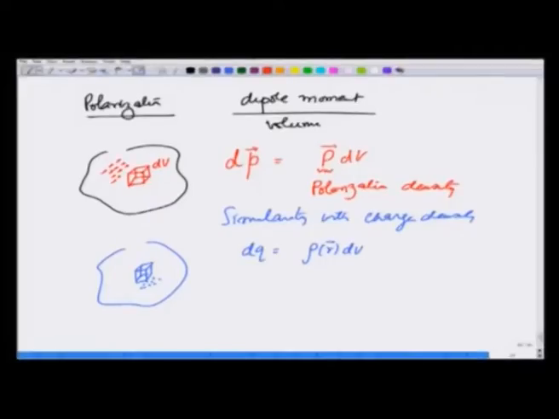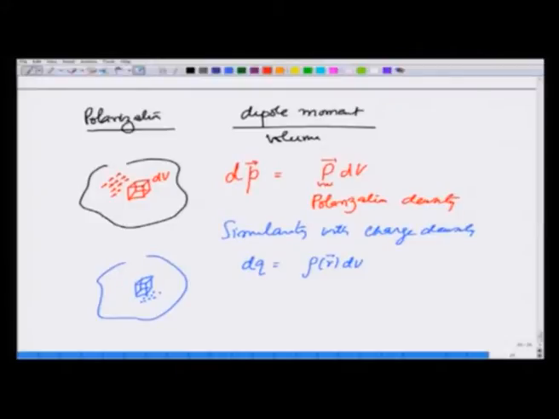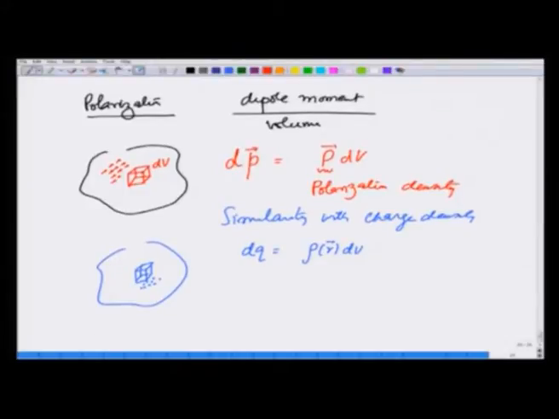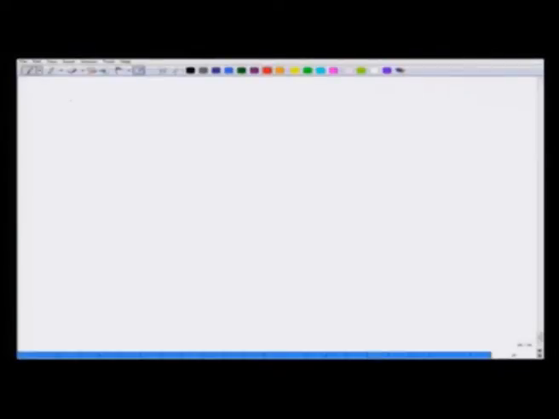However, if I go to microscopic scale, for example, in charge density, I see electrons, protons separately, then they are not continuous. But for the time being, like we treat charge density, we will consider polarization density to be a continuous distribution. Now, we want to understand how this gives rise to electric field and electrostatic potential.